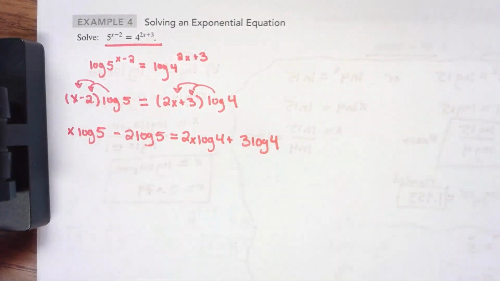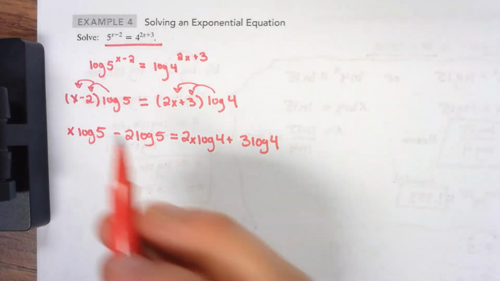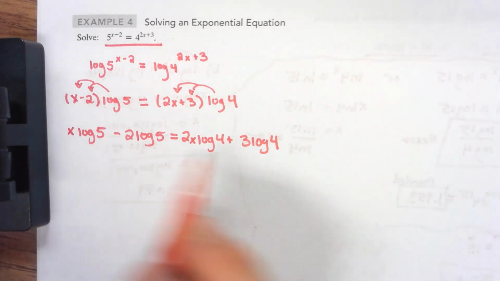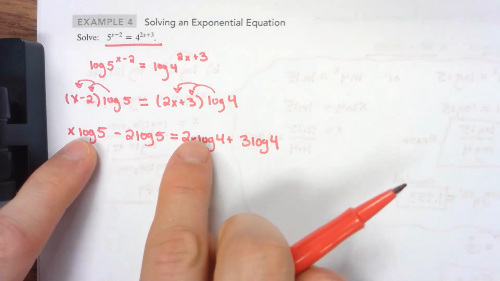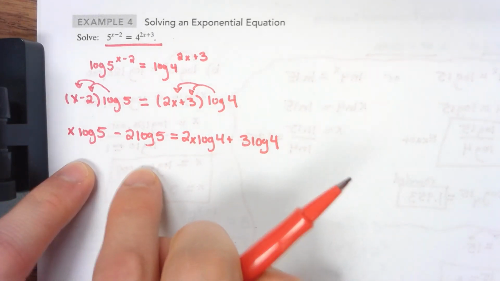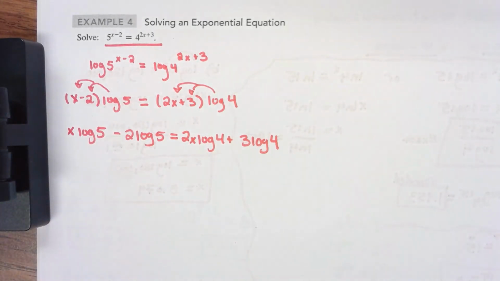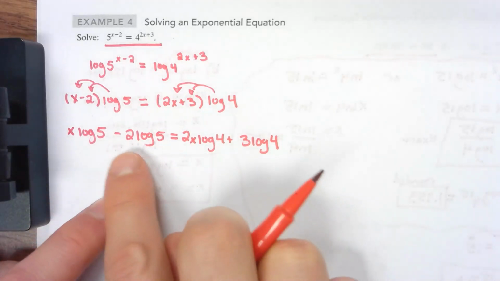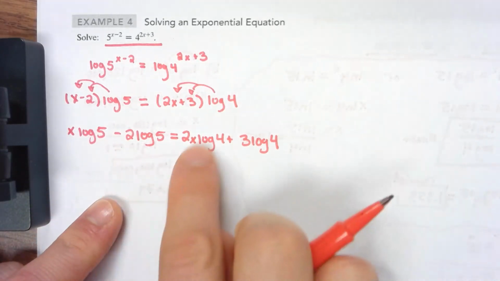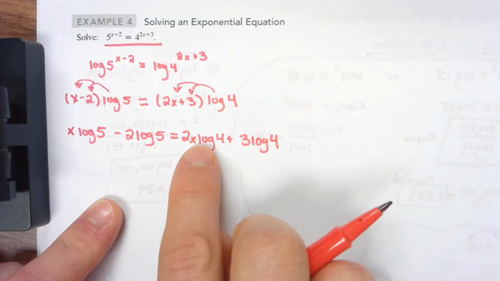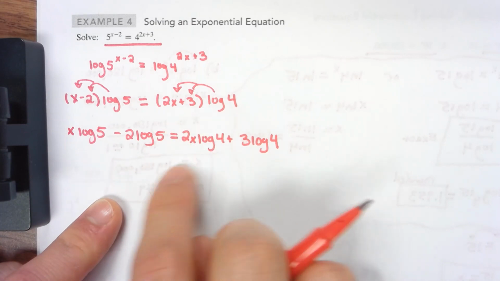And so our task is to get x by itself. Now, since we have multiple terms that have an x in them, we're going to get those to one side, and then we're going to factor out an x from both of those terms. So I'm going to do two things here. I'm going to add this 2 log 5 to the right side. At the same time, I'm going to subtract 2x log 4 from the right side to the left.